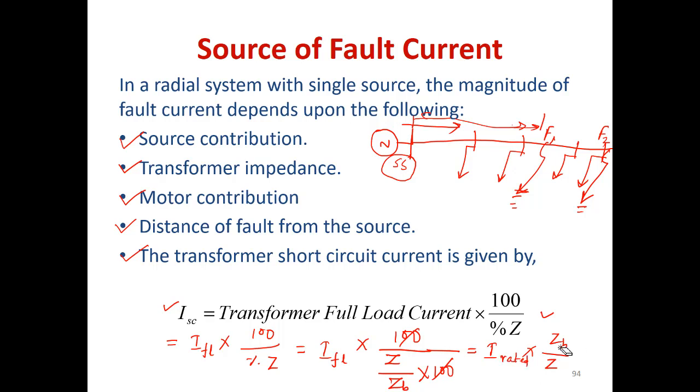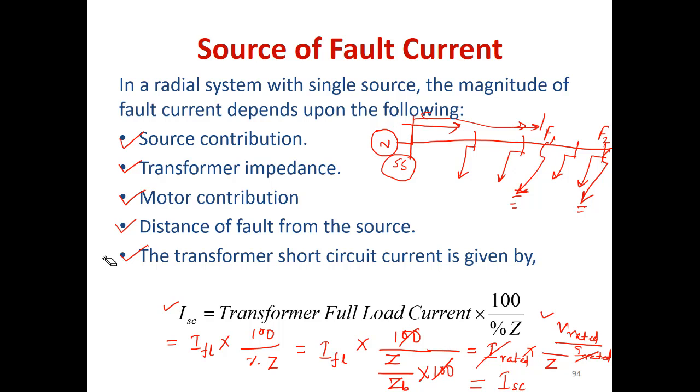So I can write ZB as V rated by I rated, so the I rated will get cancelled out. Then I get V rated by Z, where Z is the transformer impedance. So V rated by Z is nothing but the short circuit current of the transformer.